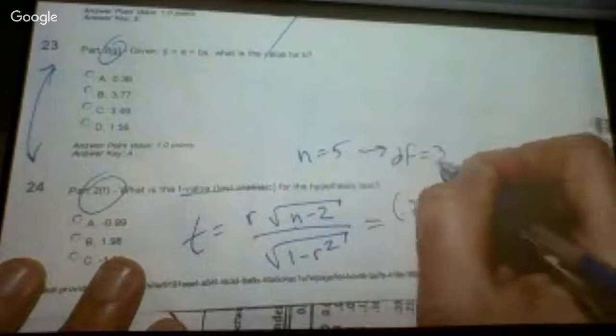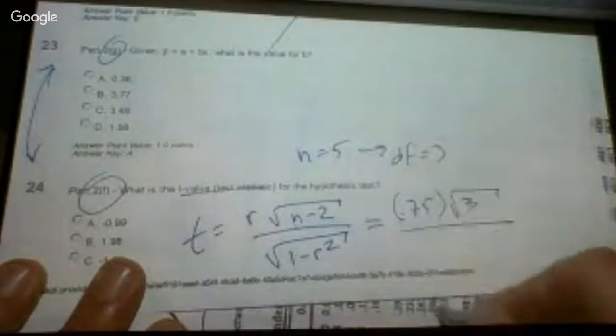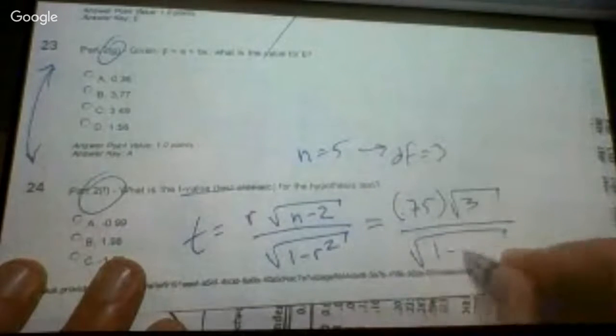N is 5, so degrees of freedom equals 3. Divided by the square root of 1 minus, hey, we just found R squared, 0.57. Means we get 0.75 times something like 1.732 divided by the square root of 0.43.